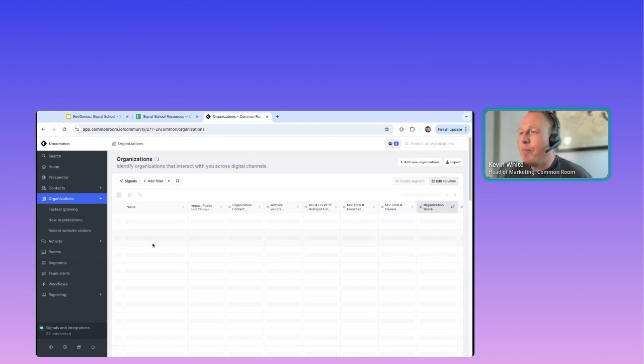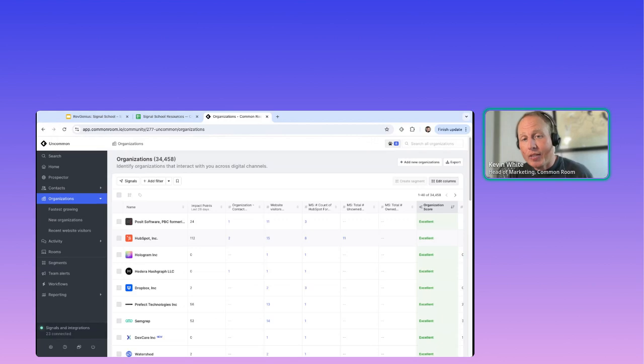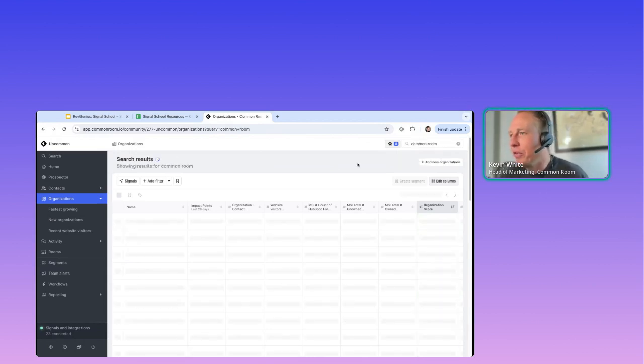So we know that Florin is doing all these activities as a single person, but also within Common Room itself. Sorry, I'm getting too much into actual Common Room and trying not to sell too much. But within Common Room itself, we also know not only is it Florin, but it's myself and Matson and other people on our team that are doing these things. Let me pull up Common Room here so I don't blow up anyone's spot unintentionally.